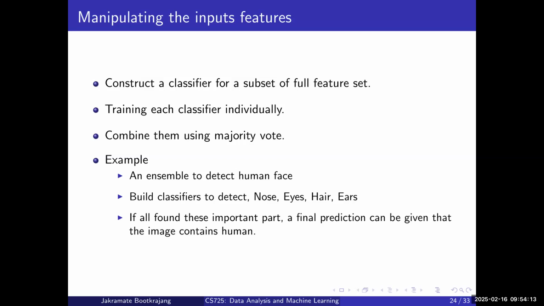Instead of detecting the entire human face, we can have a classifier for the nose, a classifier for the mouth, a classifier for the eyes. And if all of them agree that in this picture you have eyes, nose, and mouth, there are more chances that there will be a face in that image.